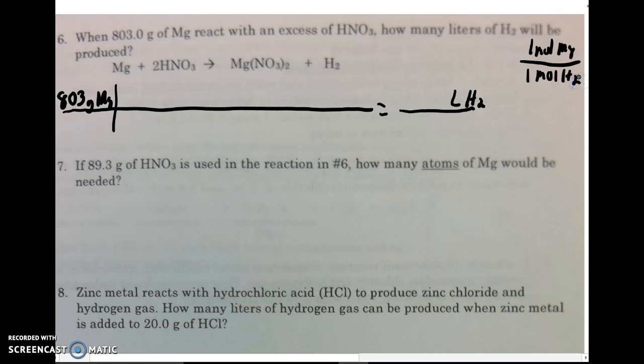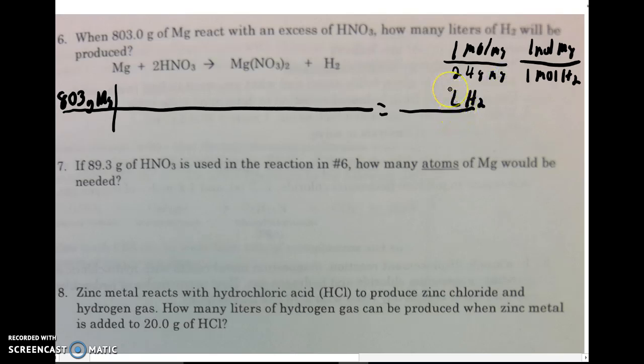All right, now I can start looking for those keywords. So I need a molar mass conversion factor, as I said, for magnesium. So 1 mole of magnesium has a mass of 24 grams of magnesium. And then I see liters here.